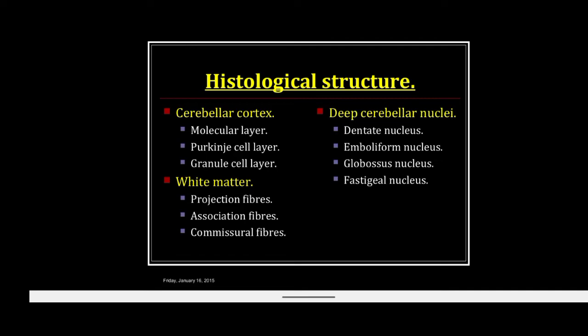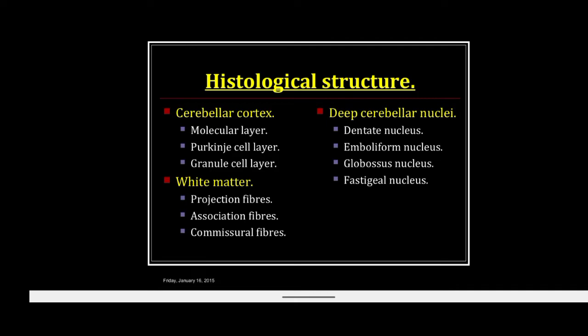So histologically it is divided into the cerebellar cortex, and deep to this cortex is the white matter, and in the white matter different types of nuclei are present.